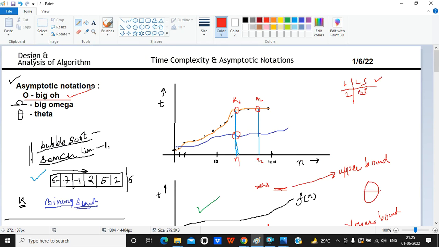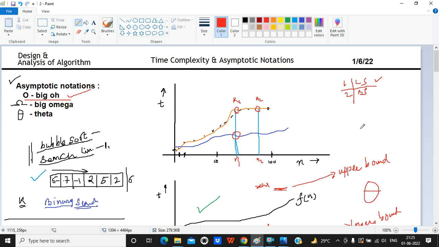This is called asymptotic notation. Asymptotes are basically a subject of curves in mathematics. Two curves are called asymptotes if they keep reaching toward each other but never meet.